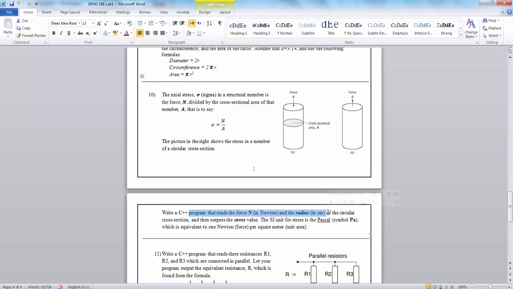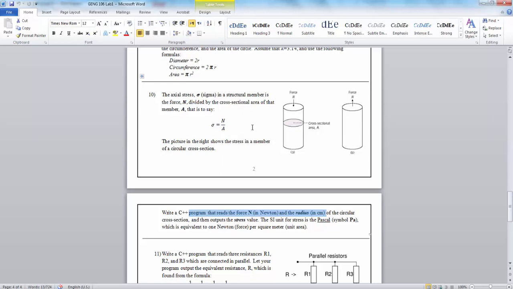But let's focus a little bit on the units. The SI unit for the stress is the Pascal, which is 1 Newton per square meter. And the user is going to enter the radius in centimeter, which means that after I get the force and the radius, I need to convert the radius into meter, then calculate the area of the circle, and finally calculate the sigma or the stress.